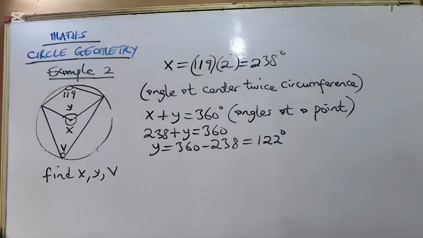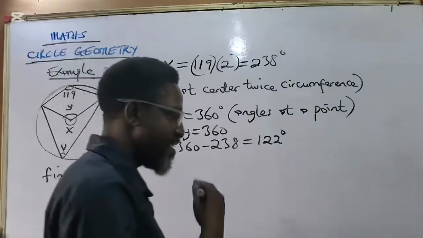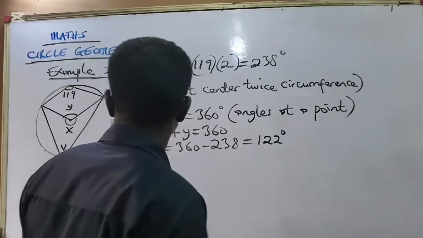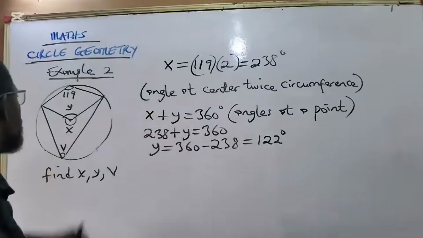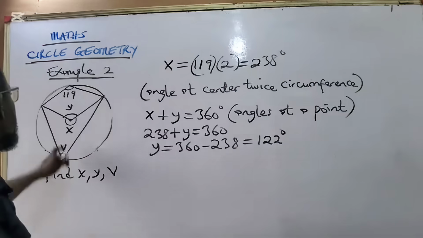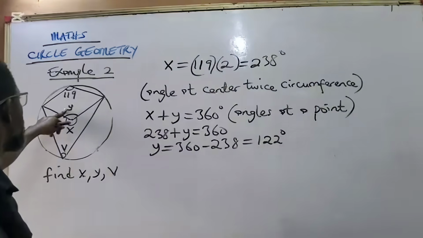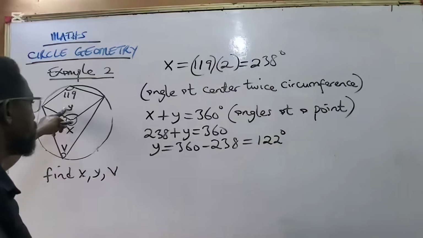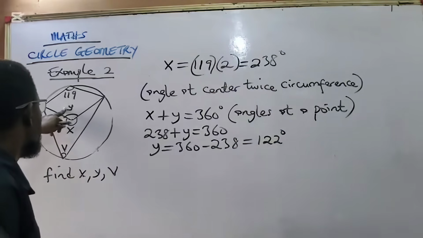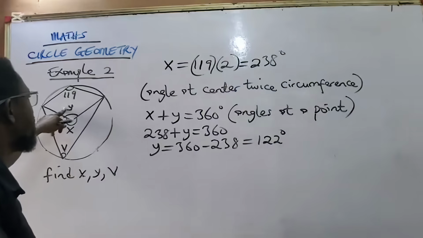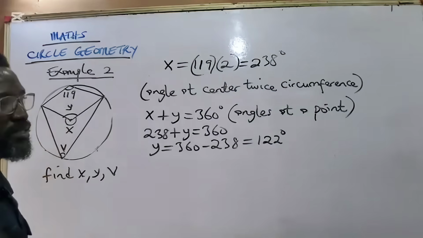Now that we've obtained the value of y, the next thing I want to get is the value of v. For us to get v, we look at the value of y as well. Same theorem: angle at center is twice the circumference.